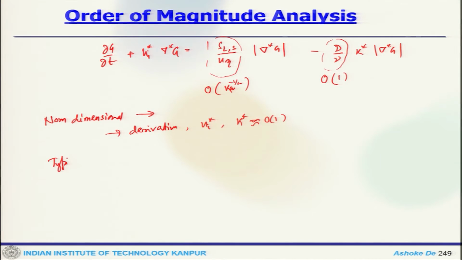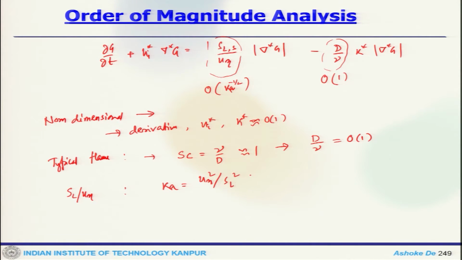Now if you look at a typical flame, Sc equals nu by d, which is 1, that means d by nu would be order of 1, and SL by u eta, when Karlovitz number is u eta square by SL square, so SL by u eta is Karlovitz to the power minus half, and SL S will be order of SL.